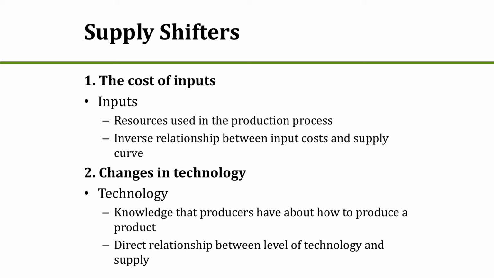If you have high technology, that means you're producing that good efficiently, which creates low cost. Low cost means more supply. So high technology means more supply, and the supply curve will shift to the right, or low technology means low supply, and the supply curve will shift to the left.